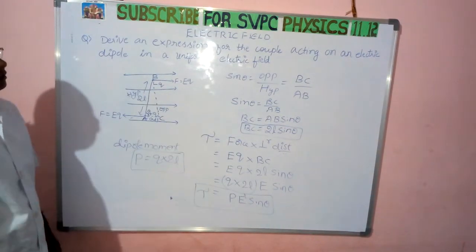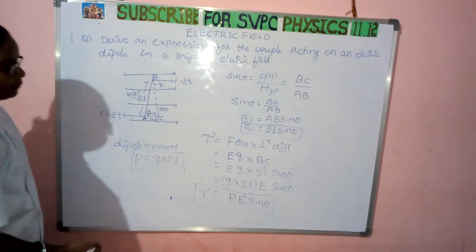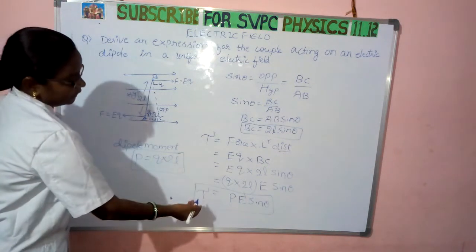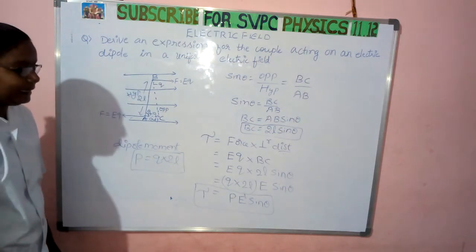So this is the couple acting on an electric dipole in a uniform electric field. Torque is equal to what? PE sine theta.